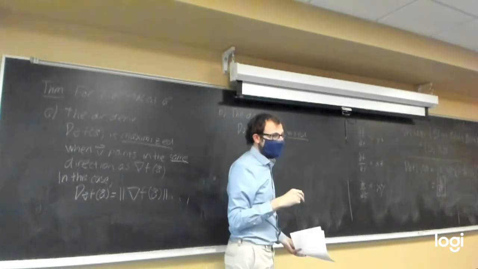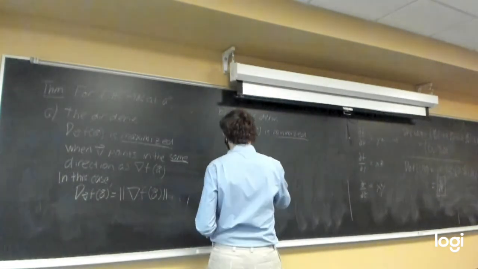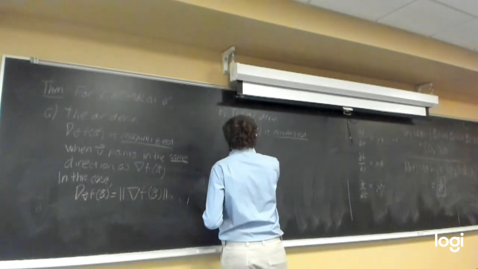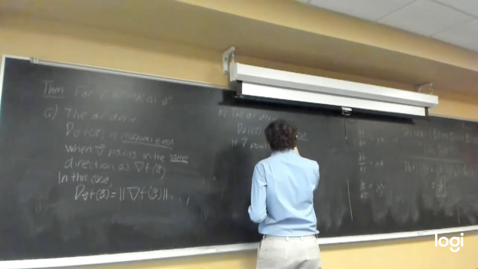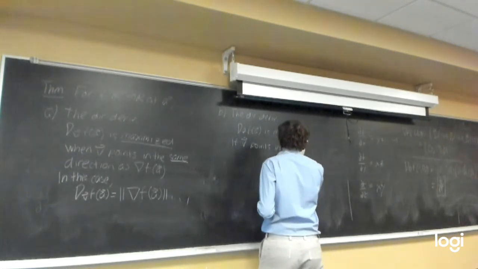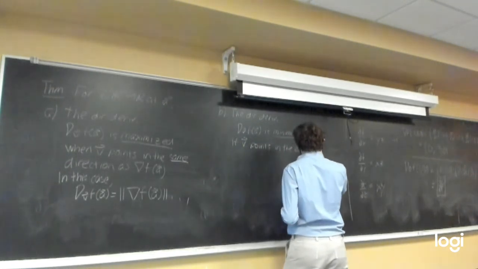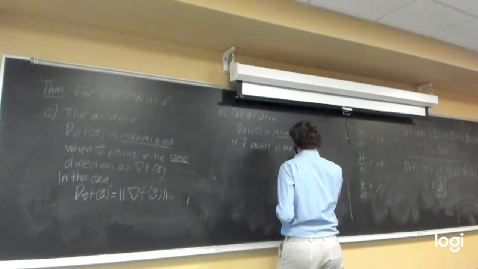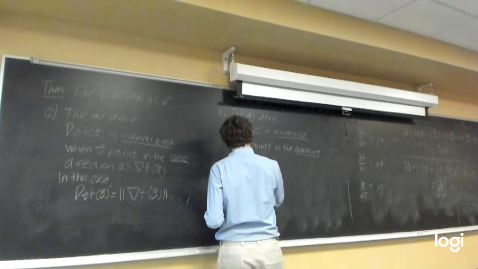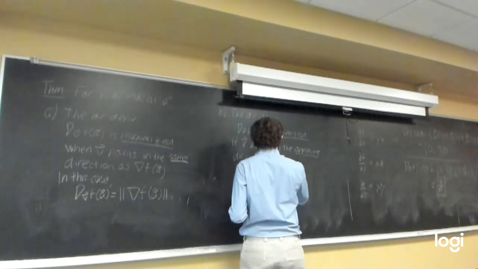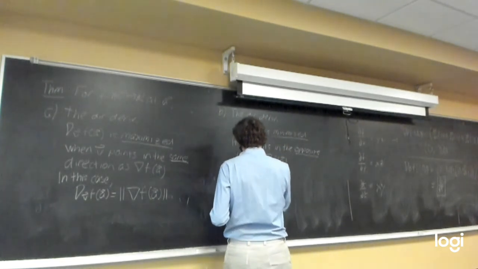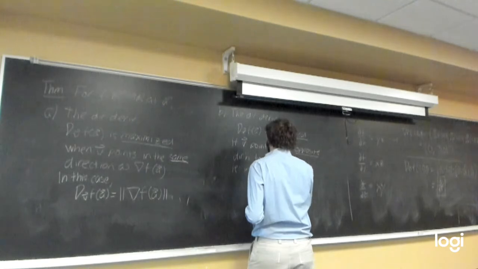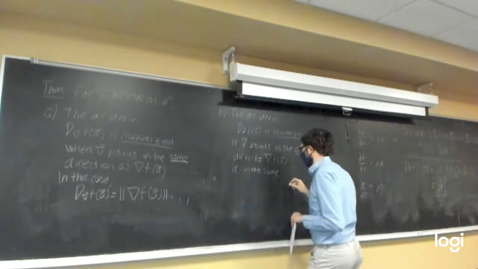We're going to make it as downhill a slope as possible if v points in the opposite direction to the gradient vector, which is the same as saying in the same direction as the negative of the gradient vector.